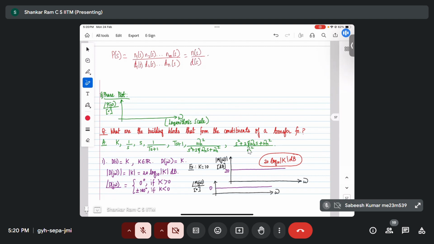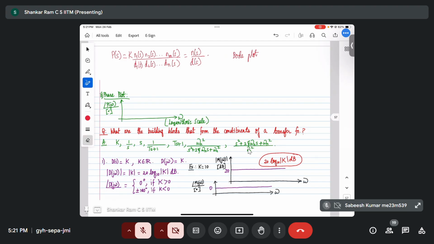Let's say the numerator has m terms, n1, n2, all the way till nm. Of course, we can also have a k. Again k, and then the denominator has n terms, d1 s, all the way to dn s. So the point is, we construct the Bode plot.